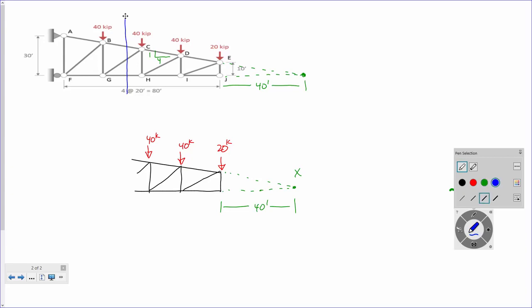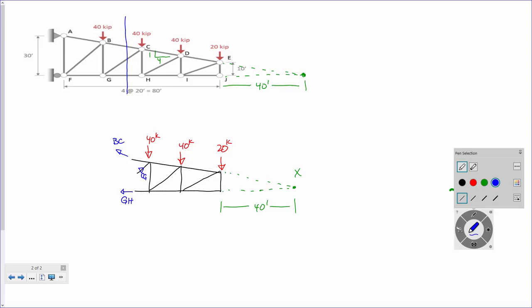Okay, now let's start writing our unknown forces. We've got GH, but that's going to go right through it, right? We've got BC, but BC is going to go right through it. Now, can I be just a little clairvoyant and assume that CG is in compression?